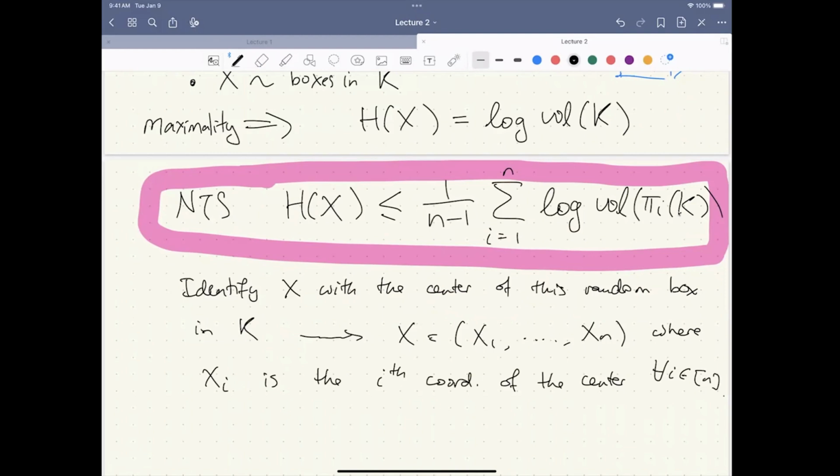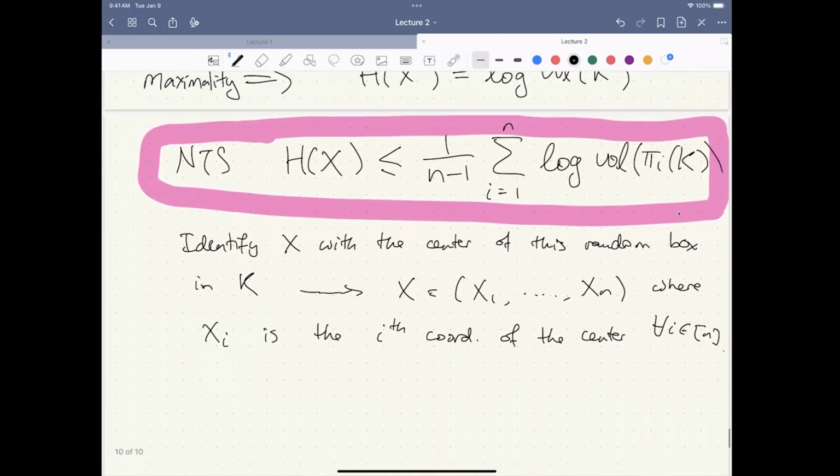Okay. We're going to use Shearer's lemma. So for Shearer's lemma, we need to define the random sets. Okay.